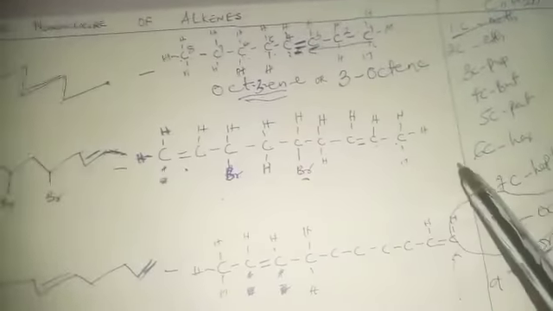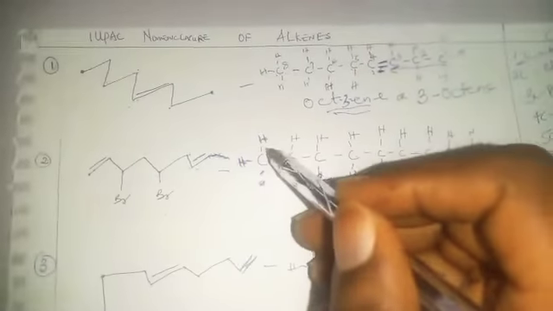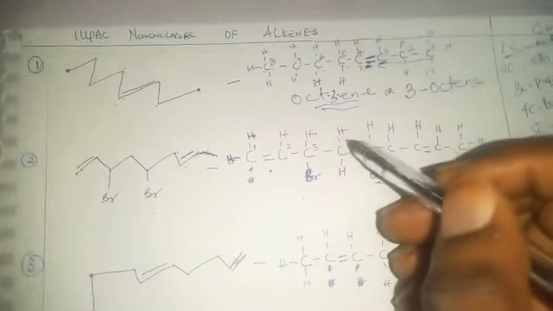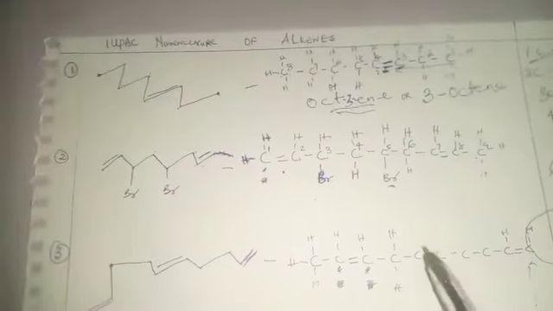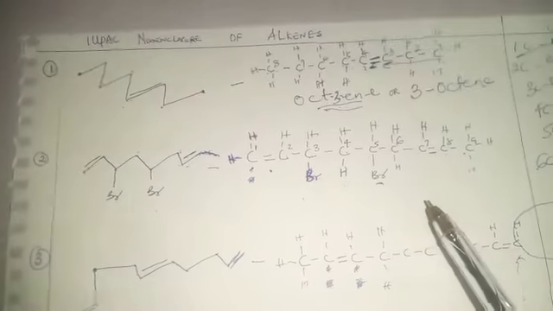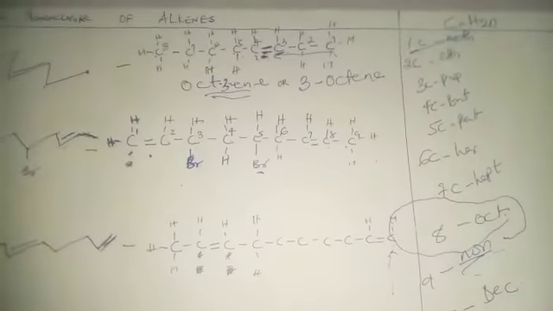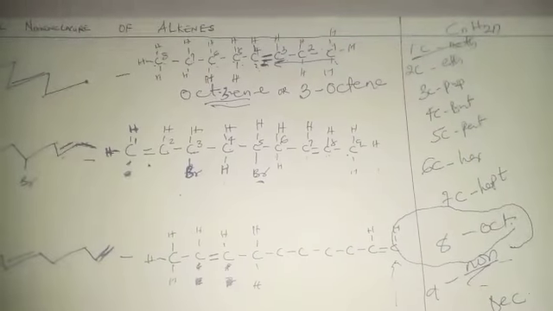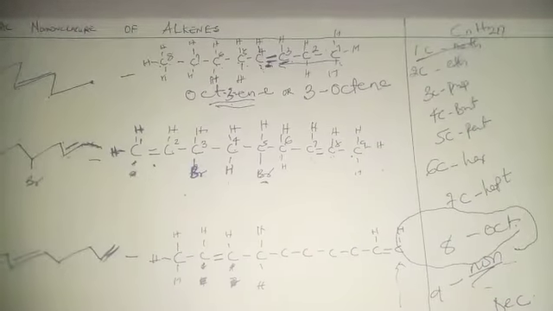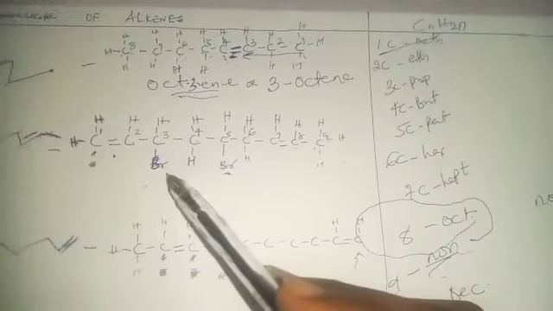So the best way to number is from here: 1, 2, 3, 4, 5, 6, 7, 8, 9. With this, we notice that the substituents will have the lowest numbers possible. I always tell my people to write out all the functional groups and all the substituents separately before we combine. So we have nonene, we have 3-bromo.